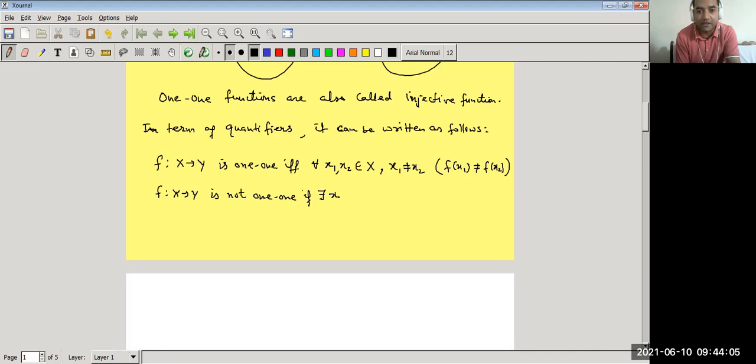There exists at least two elements x1 and x2 belongs to x with x1 is not equal to x2 such that their image f of x1 is equal to f of x2. If this thing happens, then the function is not one-one.